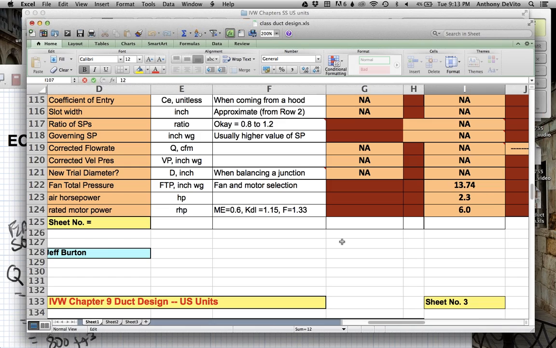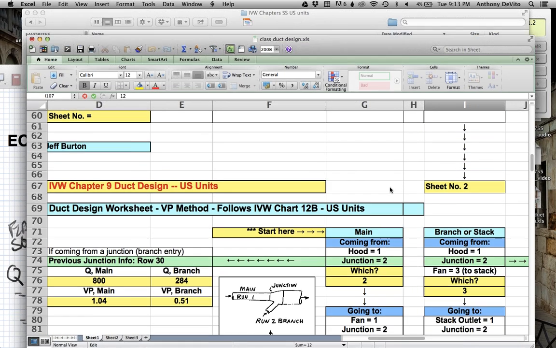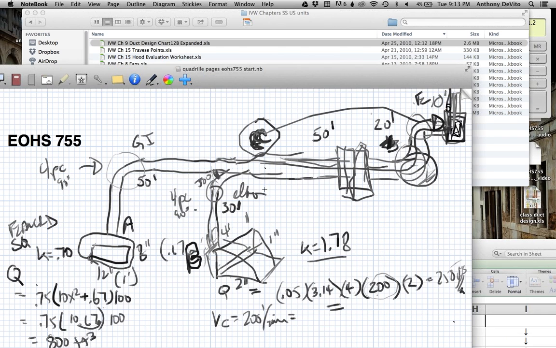We just designed the whole hood system. We know what the static pressure at this junction is. We know what size this duct has to be and this duct has to be in order for this to pull the air that it needs to and this to pull the air that it needs to. In other words, this design is self-balancing.